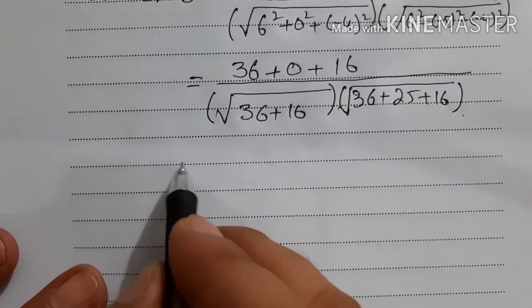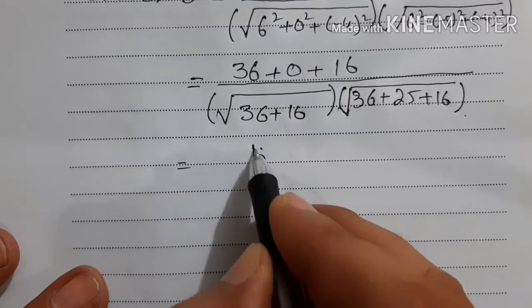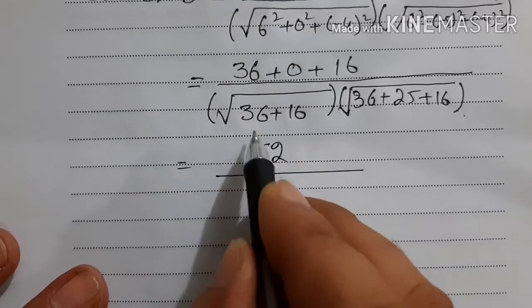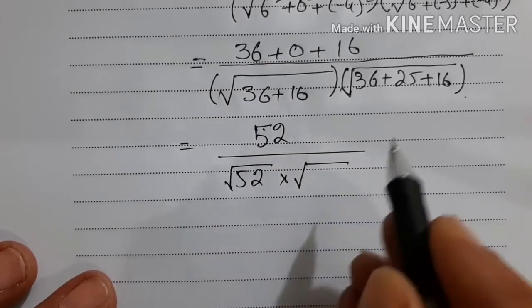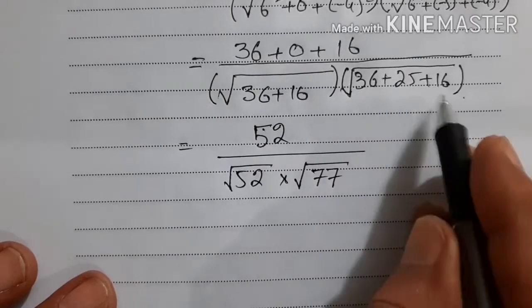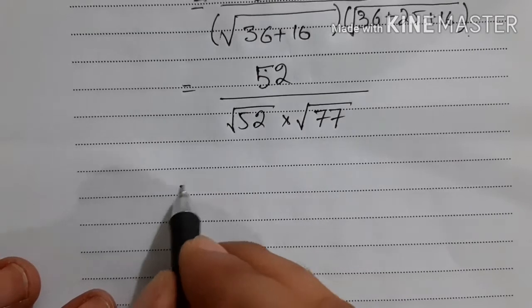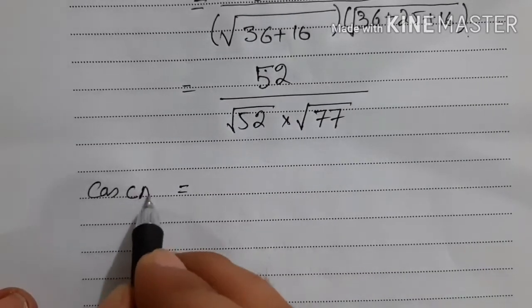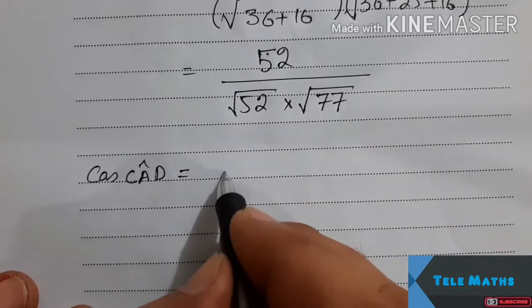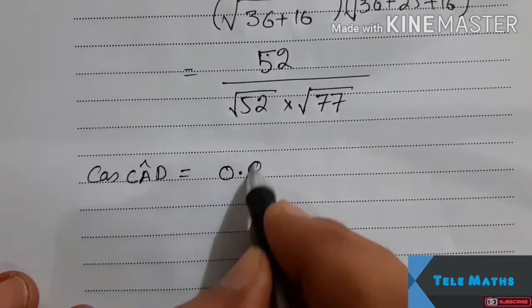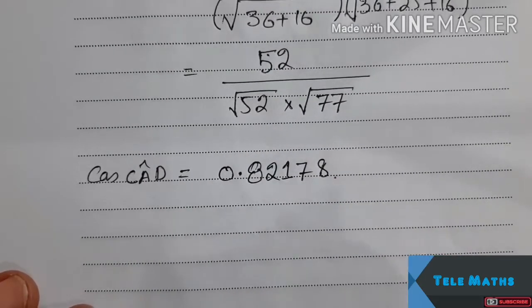So the numerator is 36 plus 16, 52, over the square root of 52 times the square root of 77. After solving by calculator, cos CAD is 0.82178.